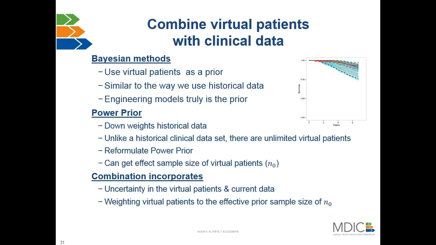We can use the virtual patients as a prior in a Bayesian clinical trial. And there's a lot of framework that's already been developed through the use of Bayesian statistics for utilizing historical data. But the interesting thing is an engineering model is truly a good prior, because when you look at historical data, usually it's from a different device. A manufacturer will come in and say, this device is similar to the device we're currently using.